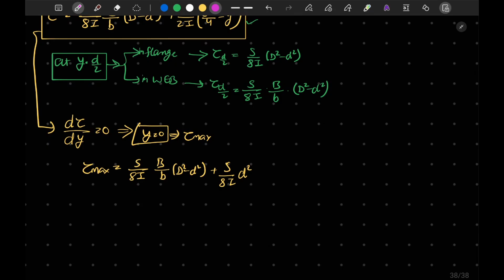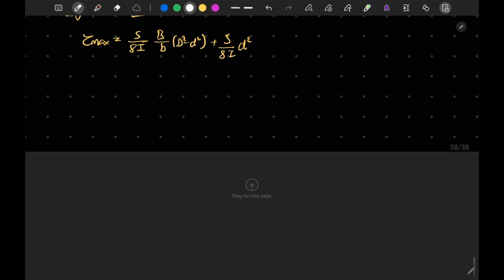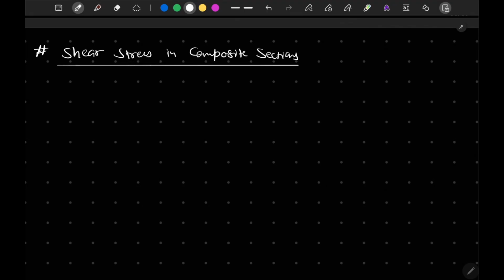Okay, now if we talk about shear stress in composite sections, for this we have our relation written as tau is equal to S times A y bar of equivalent, upon moment of inertia of equivalent into b of equivalent.